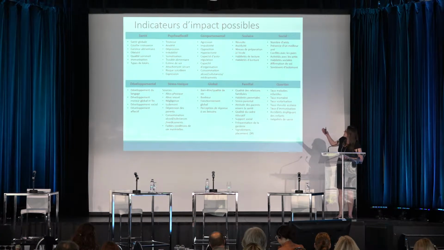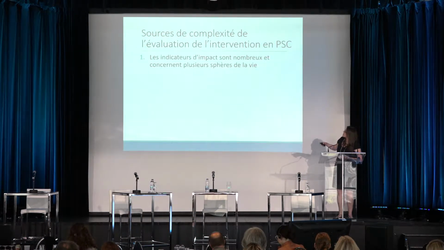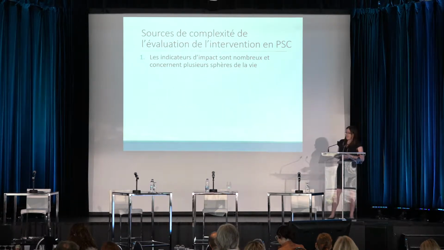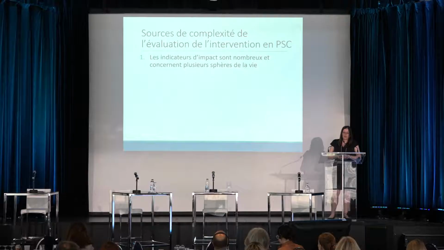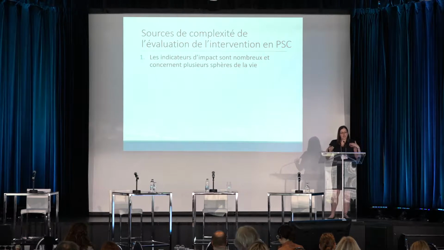Let's come back to this slide. This is one of the sources of complexity when assessing this type of intervention, because there are many impact indicators and they touch on various spheres in the life of the child. We've seen that with all of your answers.